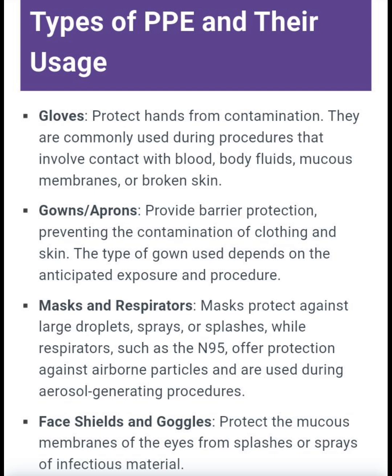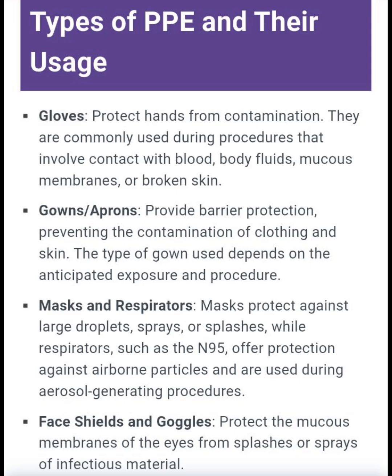3. Masks and respirators. Masks protect against large droplets, sprays, or splashes, while respirators, such as N95, offer protection against airborne particles and are used during aerosol generating procedures. 4. Face shields and goggles.